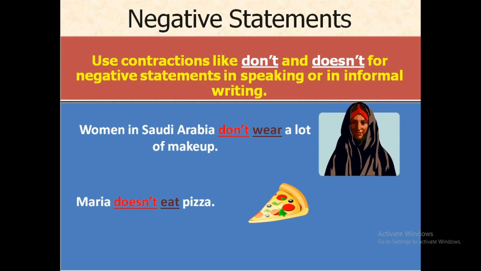For example, women in Saudi Arabia don't wear a lot of makeup. Here the don't is used to make it a negative statement. Maria doesn't eat pizza. The word doesn't expresses that it's a negative statement.